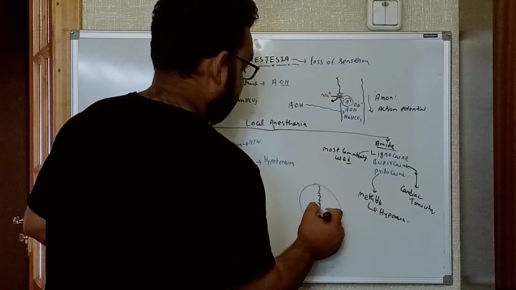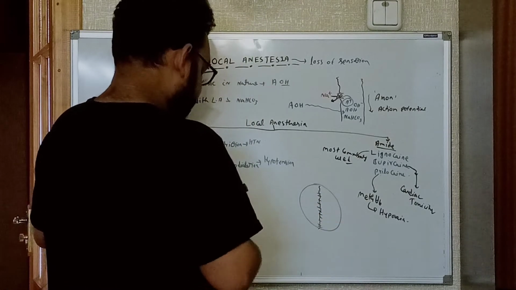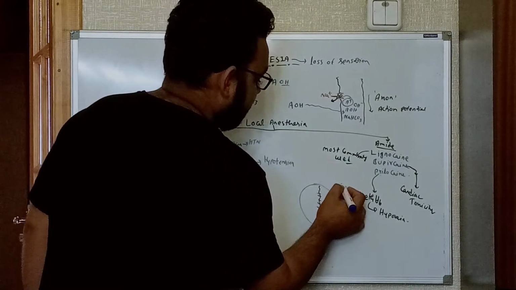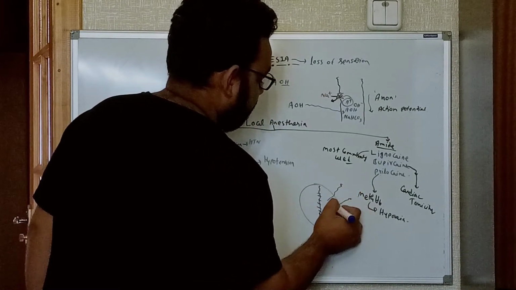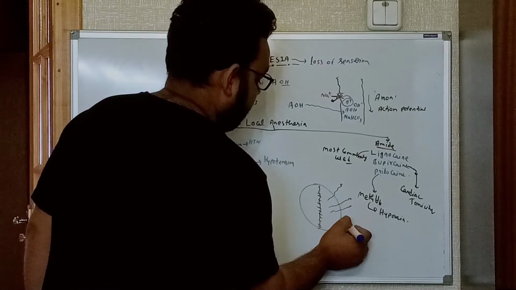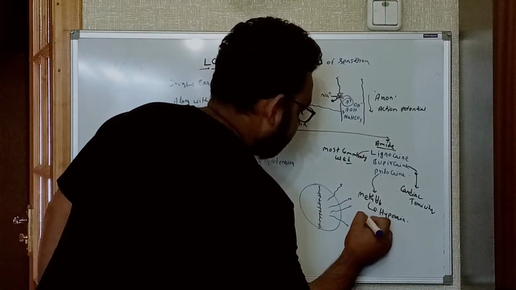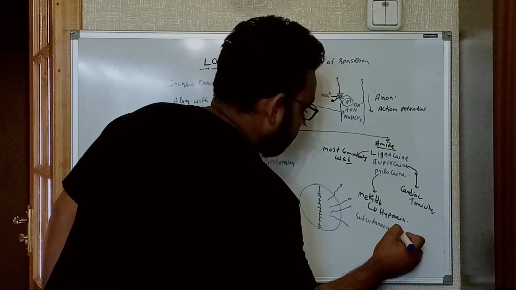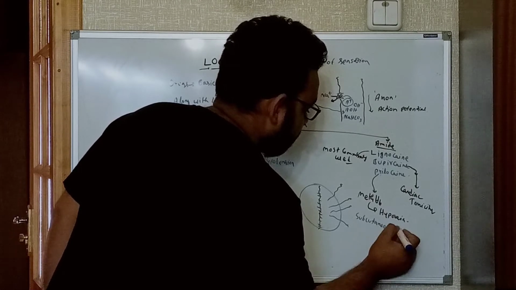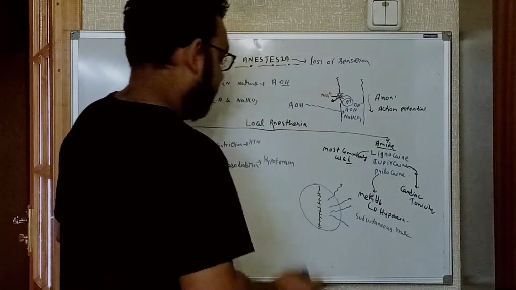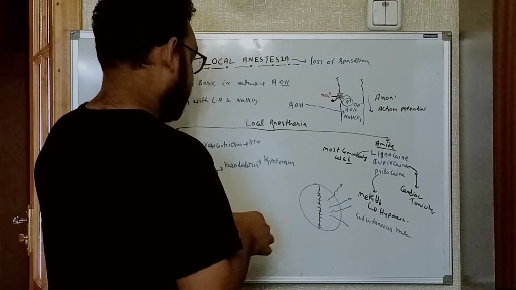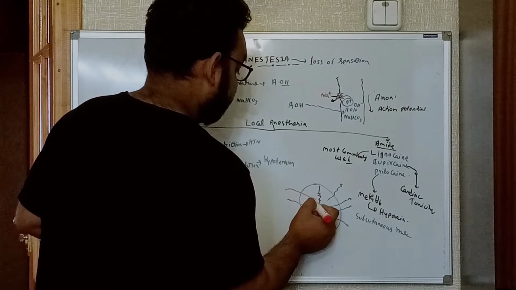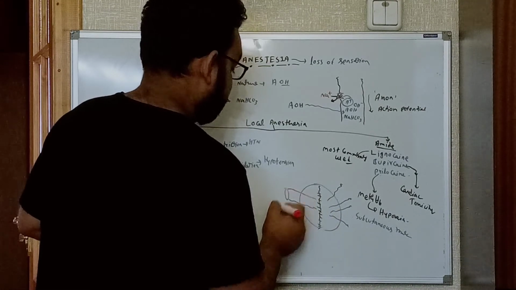Now, whenever using the drugs, basically we use the subcutaneous or intravenous route. Whenever using the drugs through the subcutaneous route, there is a chance that the drugs will come through the circulation, throughout the circulation.